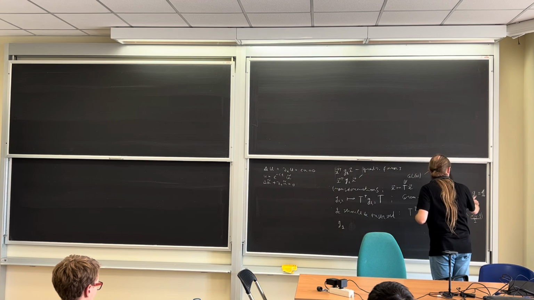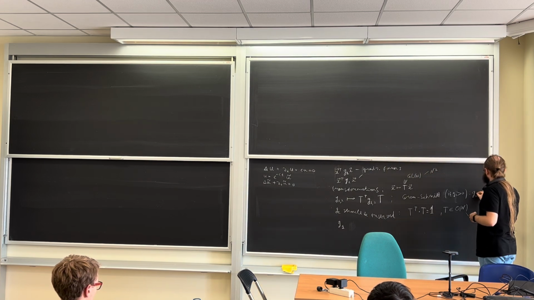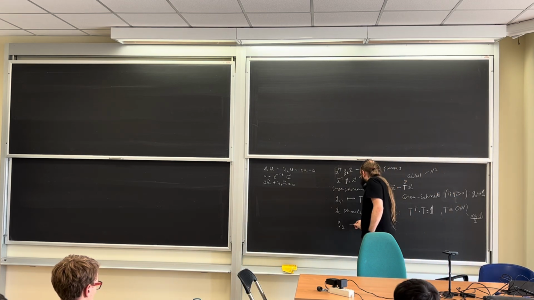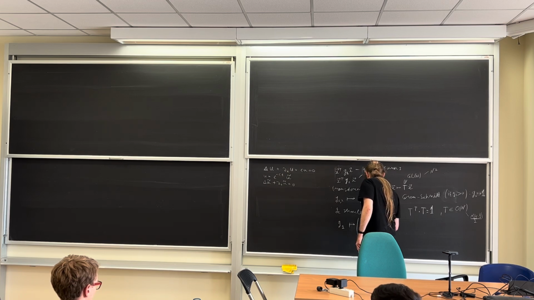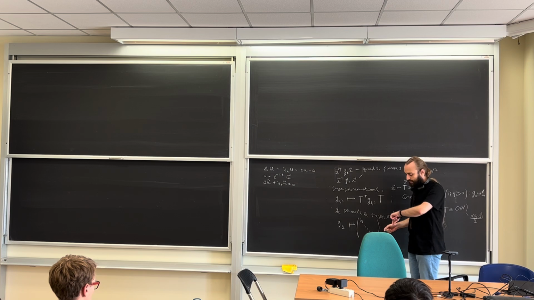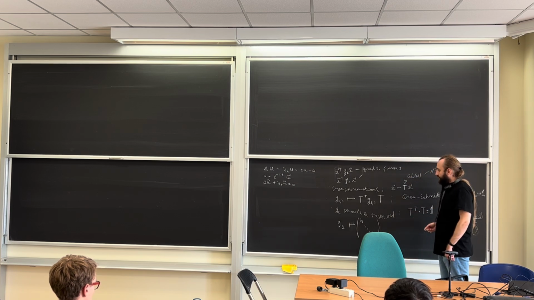So maybe it's better to write like this. We can make G2 equal to 1, and then this G1 can be brought to diagonal form with some eigenvalues, lambda 1 and so on, lambda n, which can be positive or negative.